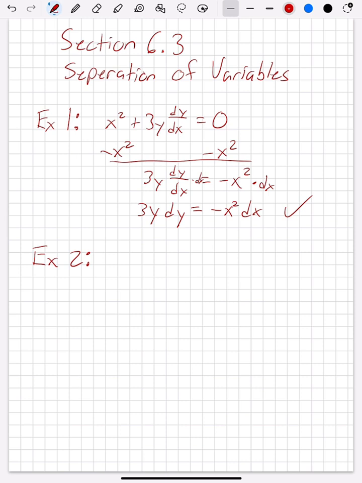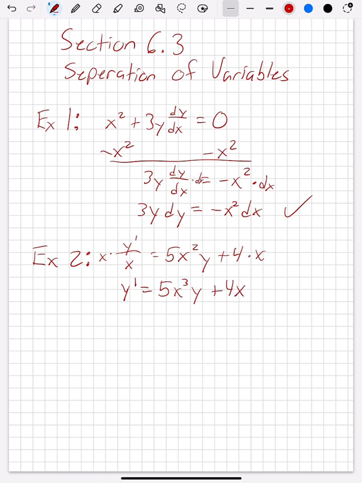So let's say we have y prime over x is equal to 5x squared y plus 4. Again, I'm trying to group everything with y's and dy's on one side and x's and dx on the other side. If I multiply over by x, then I get y prime is equal to 5x cubed y plus 4x.